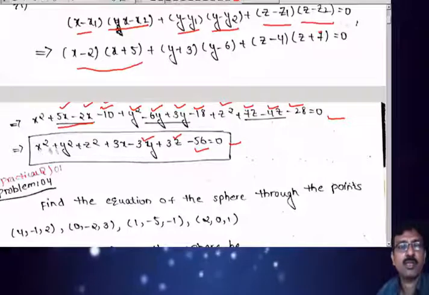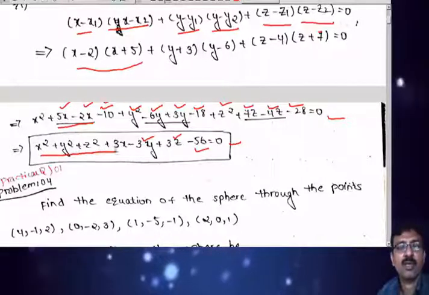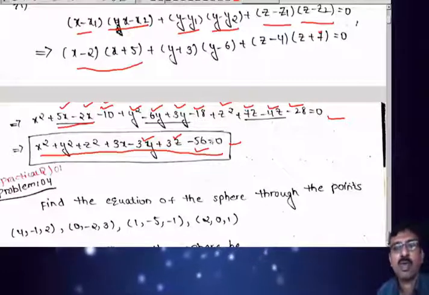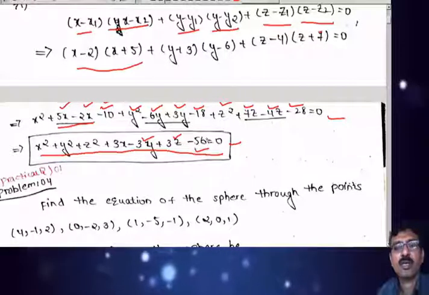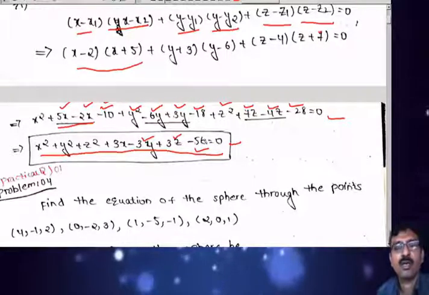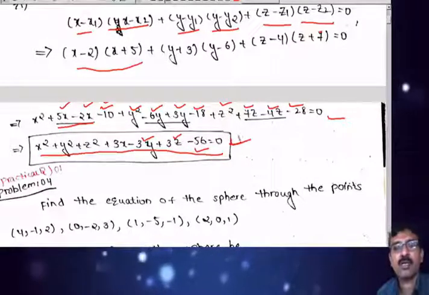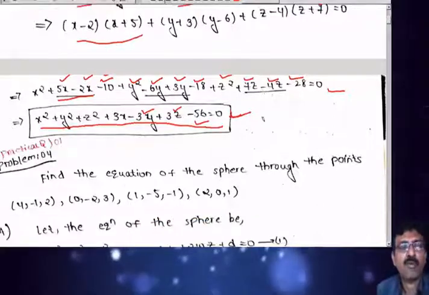So this is the equation of the required sphere. In this way we can find the equation of a sphere when we are given the ends of the diameter of the required sphere.